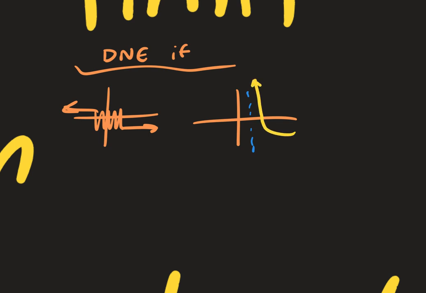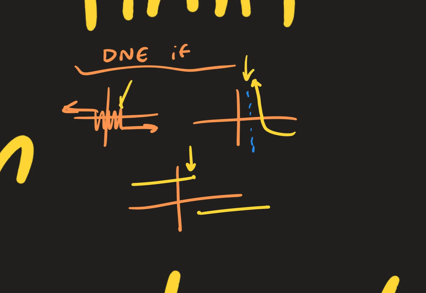Or when it's approaching two different y's. Perfect. So if I'm looking for the limit wherever the asymptote is, around the oscillating part, or at the x value in which there are two different y's, all three of those cases are where my limit would not exist. Questions on those?